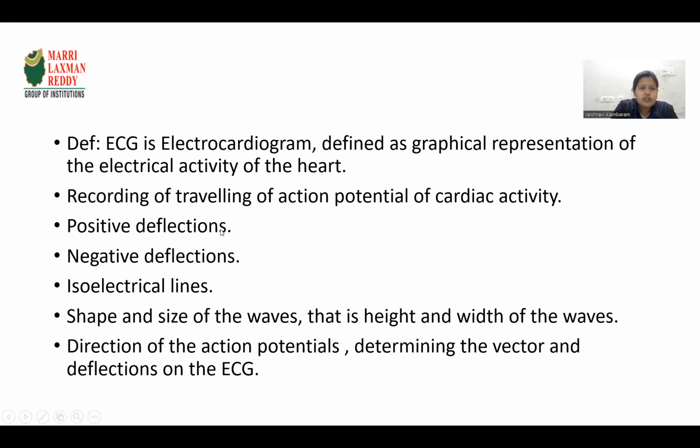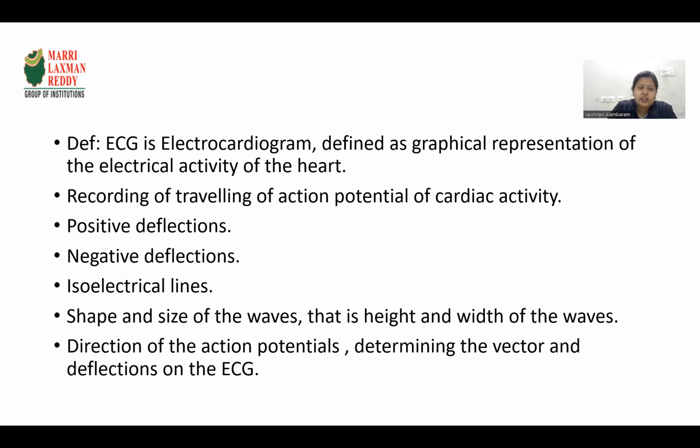You have positive deflections, negative deflections, and isoelectric lines. The shape and size of these waves, that is the height and width, determine both the time as well as the magnitude of the action potentials. On the x-axis, it is the time. On the y-axis, it is the magnitude of the action potentials.